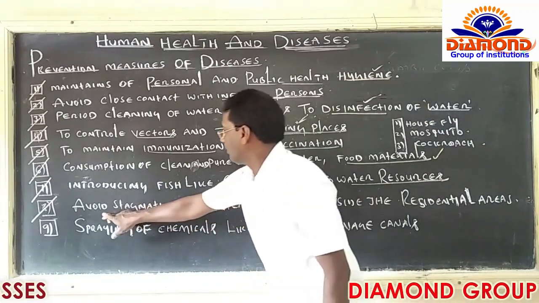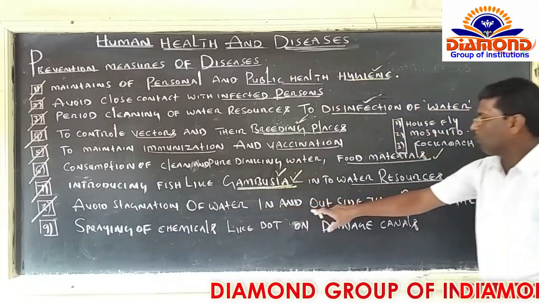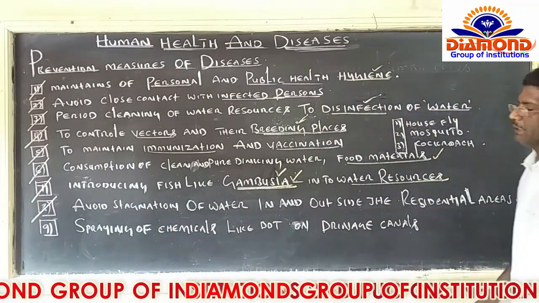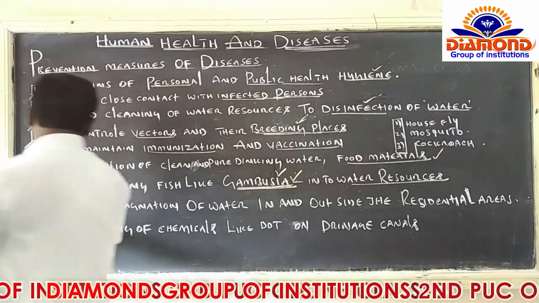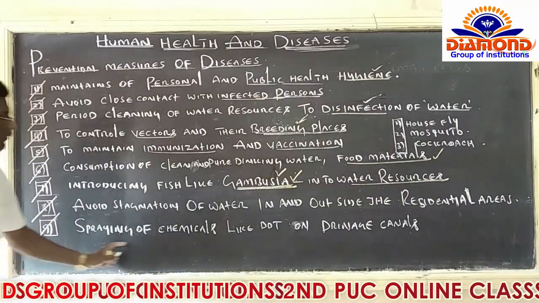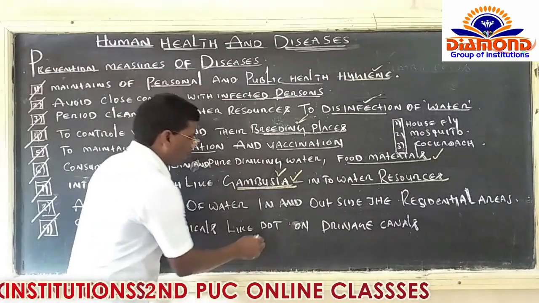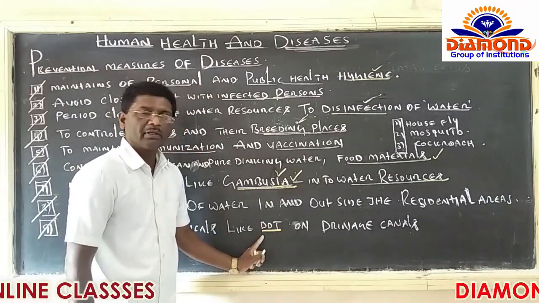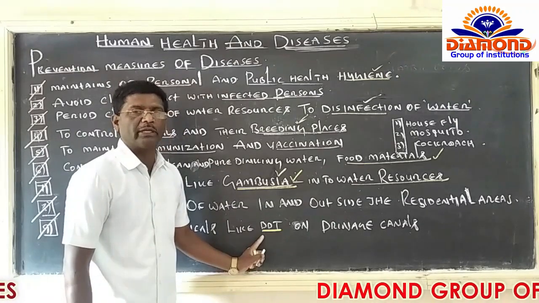That is the meaning of avoiding the stagnation of water in and outside the residential areas. And lastly, point number 9 is spraying of chemicals like DDT on drainage canals. DDT means dichloro diphenyl trichloroethane.